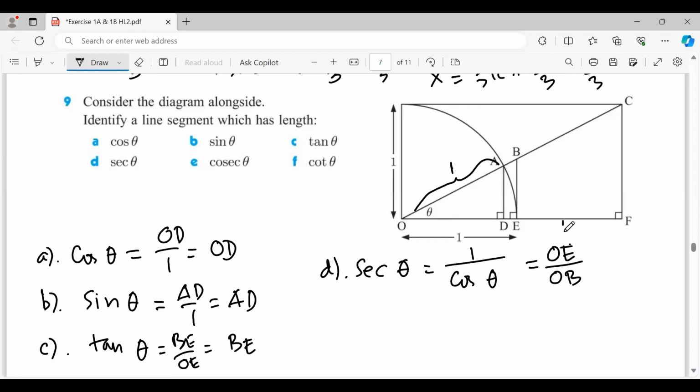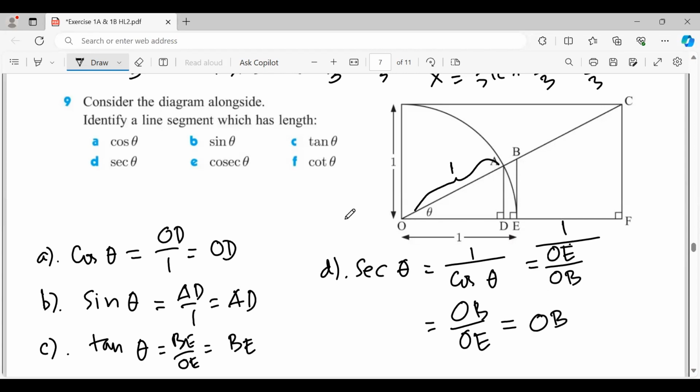Yeah, 1 over cosine theta, 1 over OE over OB. So it means this is OB over OE, because OE equals 1. We're going to scroll down first.